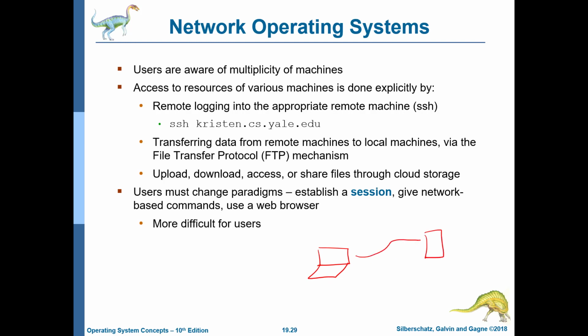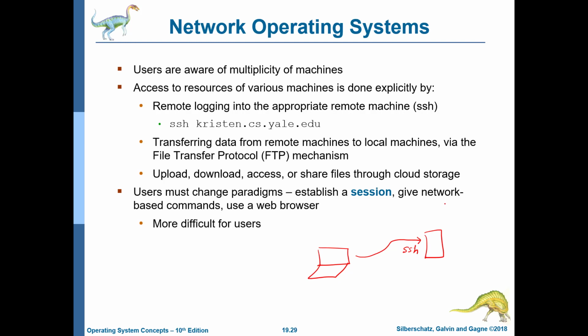I log into the remote server using SSH. In fact, there may be multiple remote servers. I can specify the host name or the IP address, and then I can log into them. This is an example of using the resources of another machine over the network. Then I can transfer files and I can do many more things.